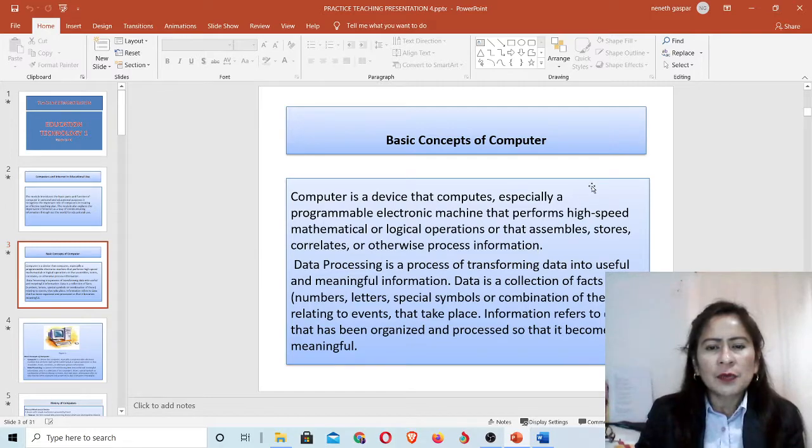Data processing is the process of transforming data into useful and meaningful information. Data is a collection of facts relating to events that take place. Information refers to data that has been organized and processed so that it becomes meaningful.